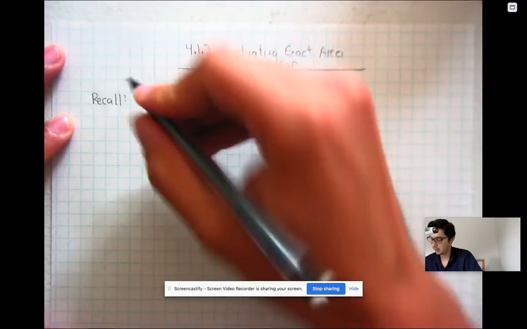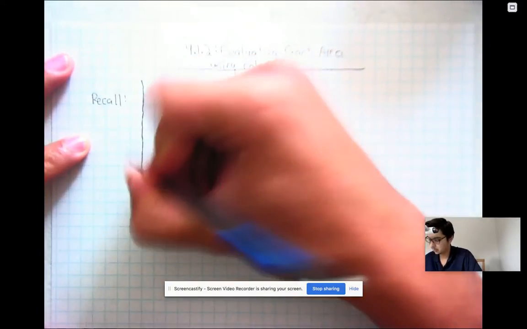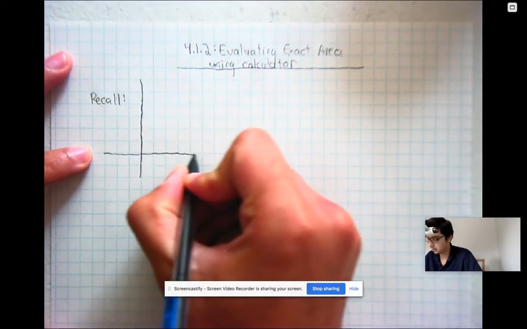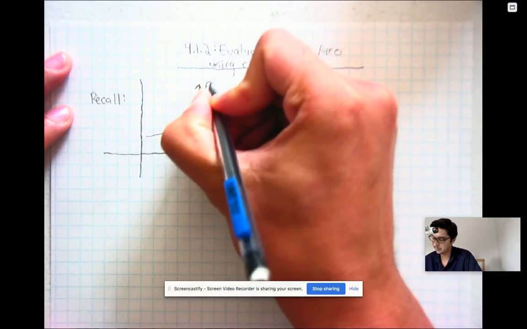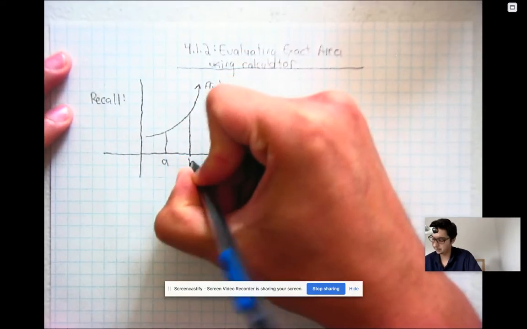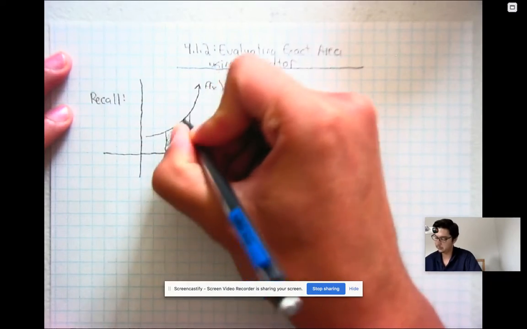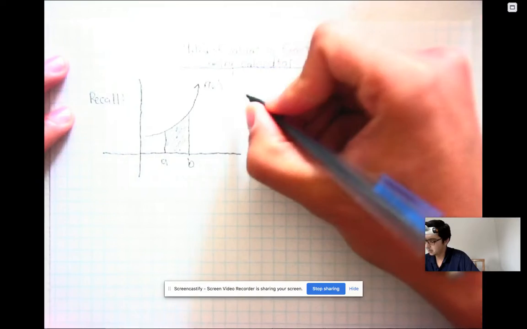Recall that if we have an arbitrary function f of x, and we want to find the exact area under the curve from a to b, we would use two things.